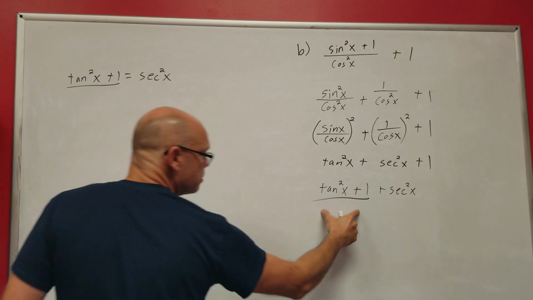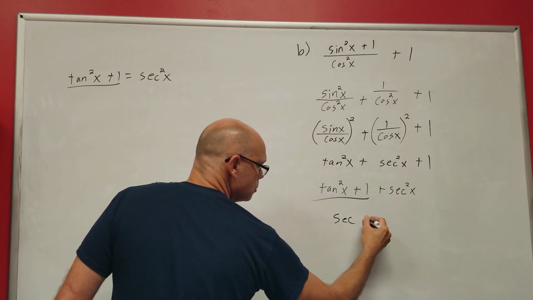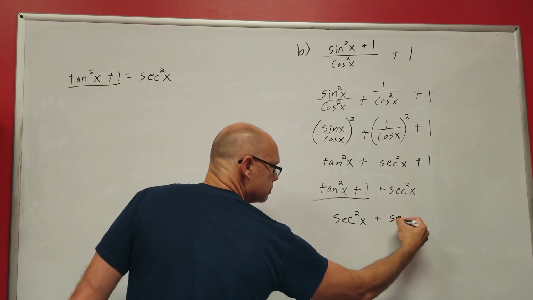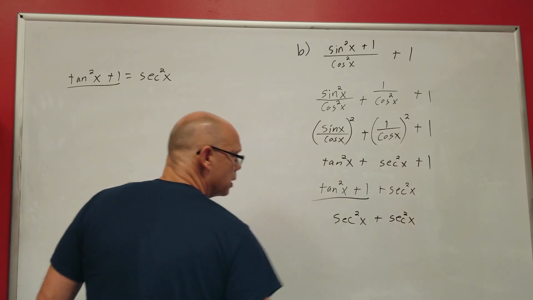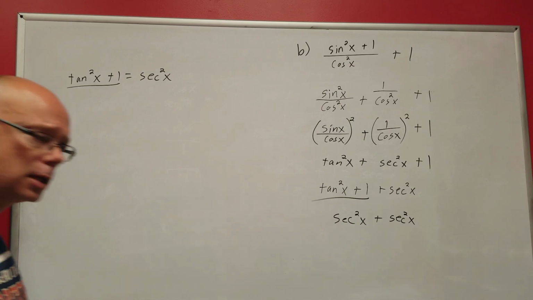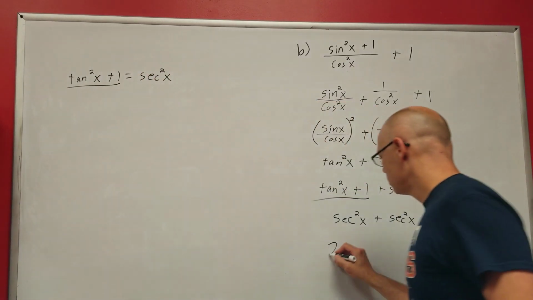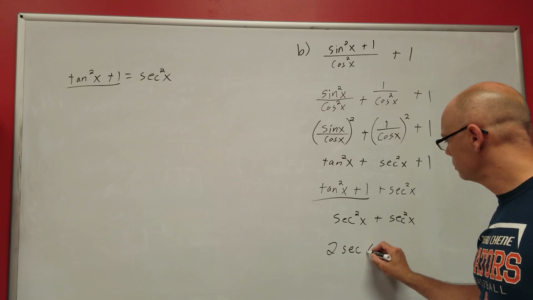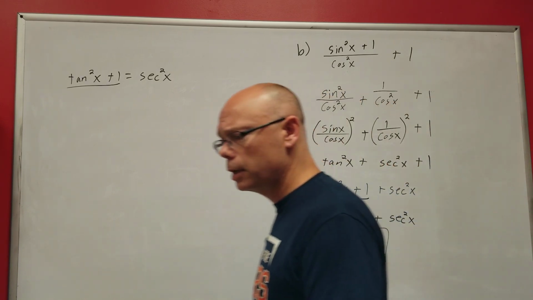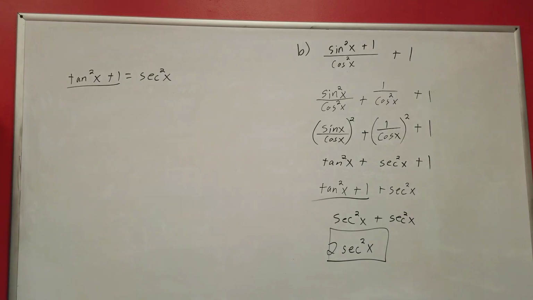So I can replace this part with the secant of x squared. Then let's bring down the secant of x squared there. What's the secant of x squared plus the secant of x squared? 2 secants of x squared, right? There we go. There's a simplified form. They wanted no fractions, so I'm not going to turn that back into 1 over cosine squared or anything.